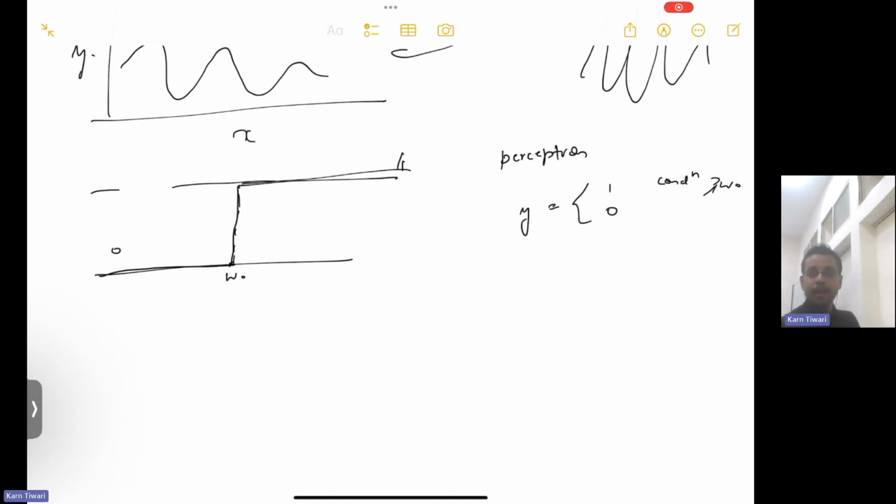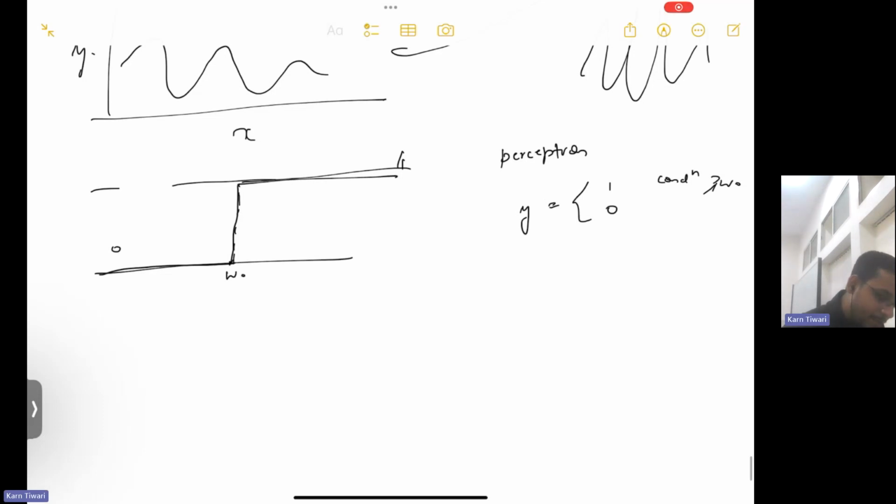So each neuron takes a decision based on a certain activation, and that activation is very harsh. You might have come across this function a lot of times.